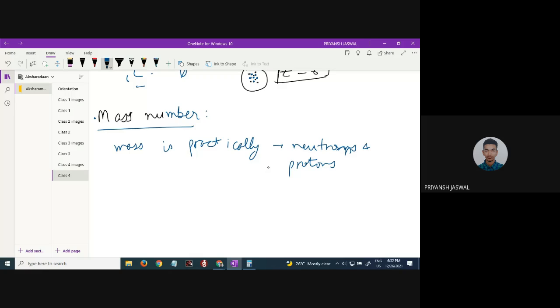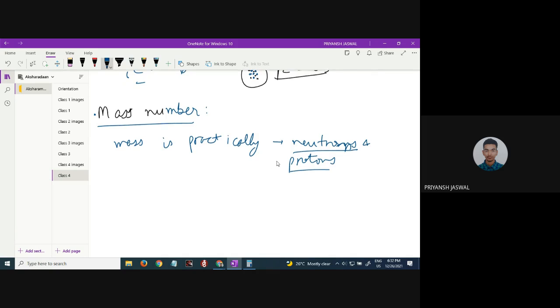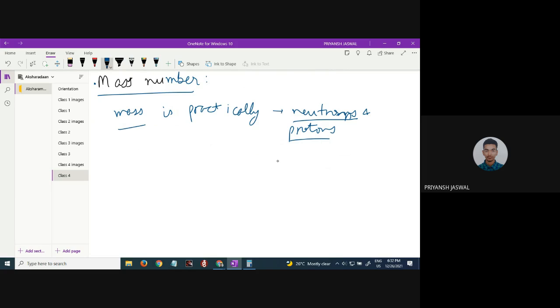We saw in an earlier class that these two are solely responsible for the mass of an atom, because electrons are very light as compared to protons and neutrons, and they do not provide any significant contribution to the mass. So all the mass comes from neutrons and protons itself.